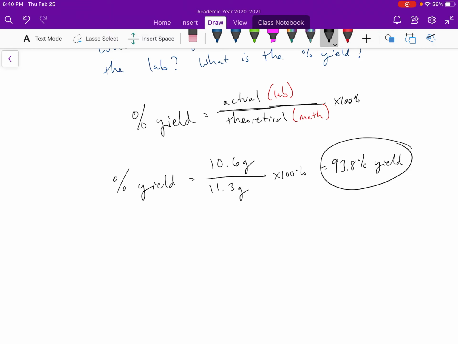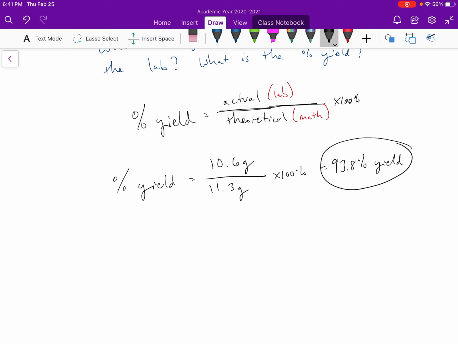Which is pretty good. So again, what does that mean? That means we were 94-ish% effective or efficient, okay? Why is it not 100? Well, that's where you got to come up with laboratory error, right? So, for example, these are all gases, right?